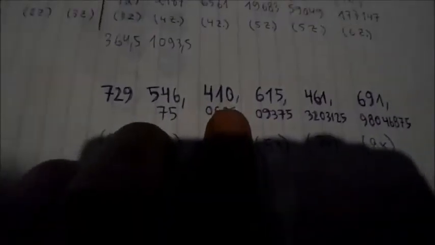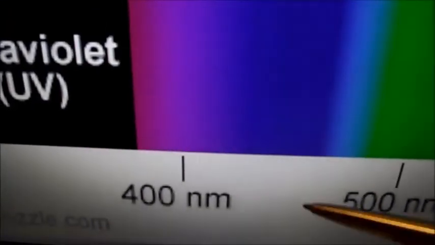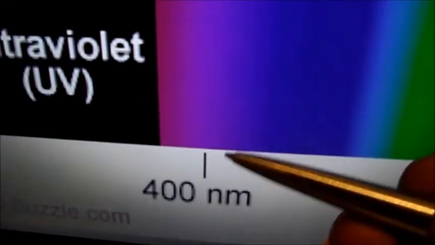So the next high number, the next number in order, I think would be 410. Let me note it. So here we go, 1. There we go, 2. And if we look at 410, might be around here somewhere.